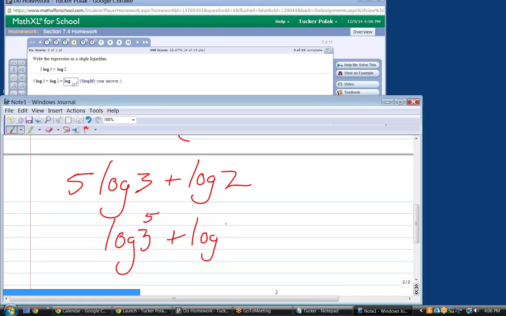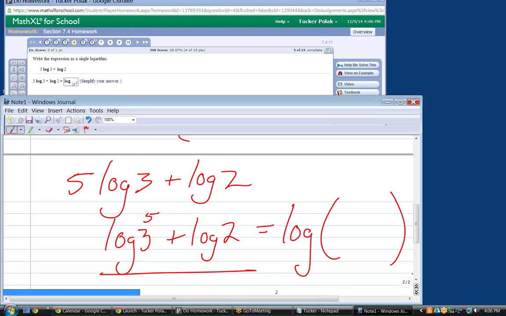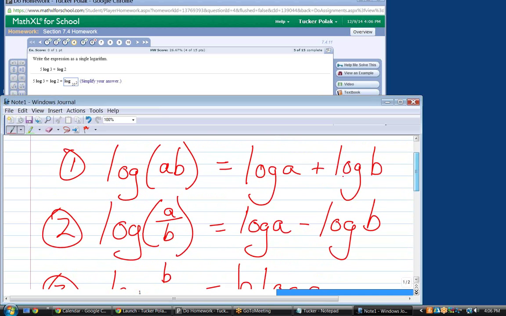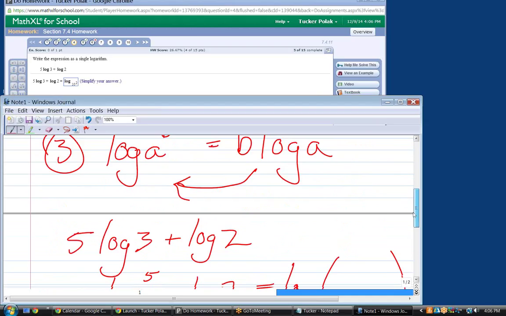Make that say this, plus log 2. Now let's compress those two things where we have two log functions being added. Therefore, that's equal to a single log function of what? Here you're going to do the opposite of rule 1. In other words, rule 1 says the log of a plus the log of b is equal to the log of a times b. Okay.